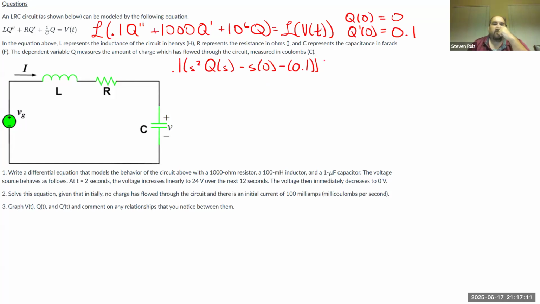Okay, so that's the Laplace transform of the second derivative.